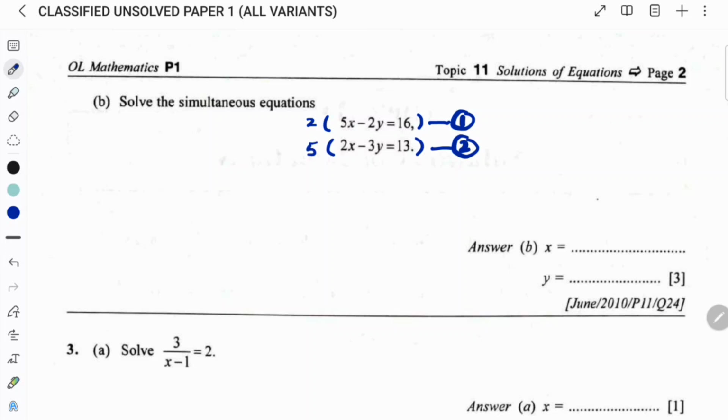Let's see what happens. Now 2 times 5 is 10, and I have to multiply every term: 10x, and 2 times 2 equals 4y. Remember the signs are also multiplying, and 2 times 16 equals 32. Now I'm multiplying the second equation by 5 to make the x coefficient 10.